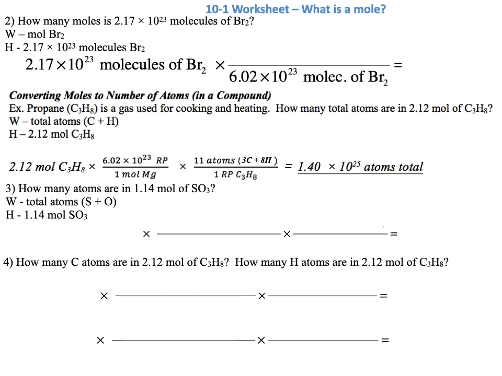On the bottom of my conversion bar, I'm putting the unit that cancels. And the unit that cancels is Avogadro's number, which cancels molecules. And since I want moles on the top, I put 1 mole on the top. So now, same math, different numbers, same process. And when I get my final answer, I get 0.360 moles of bromine.